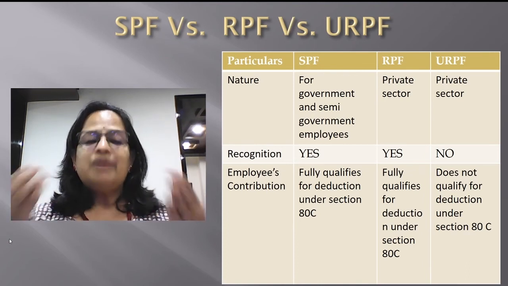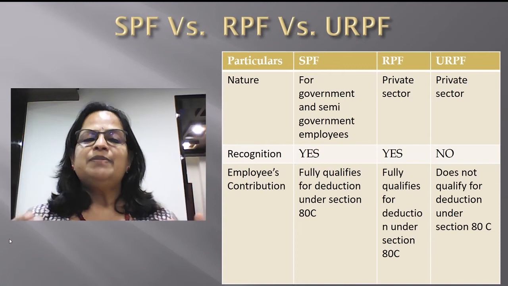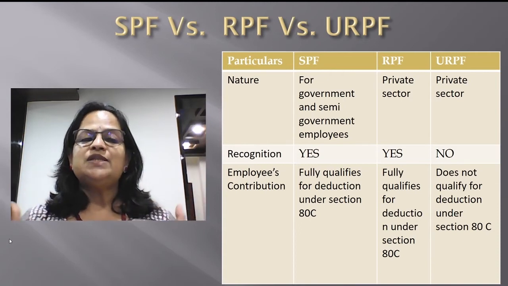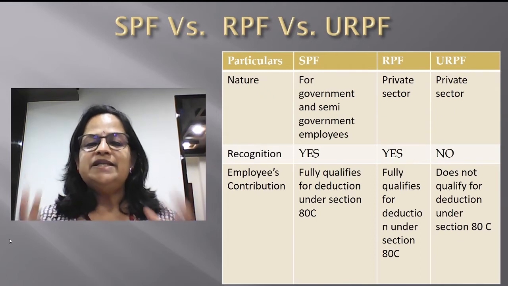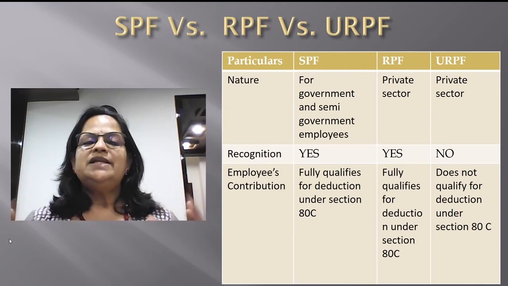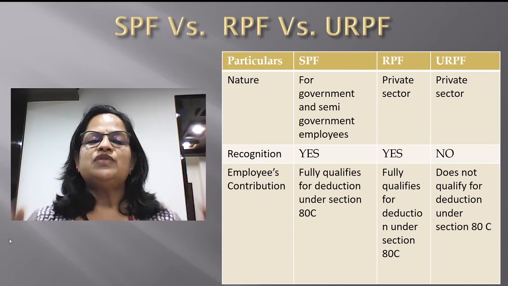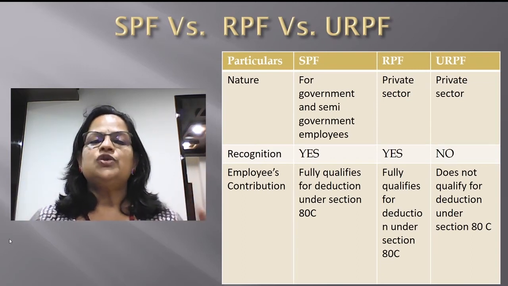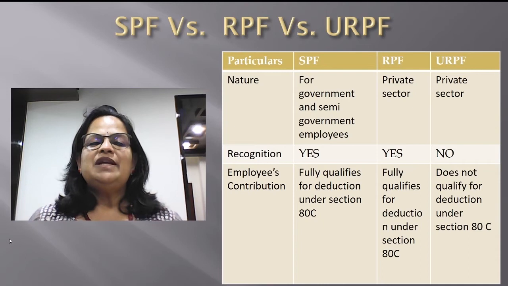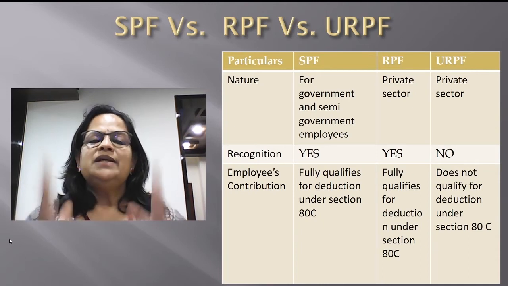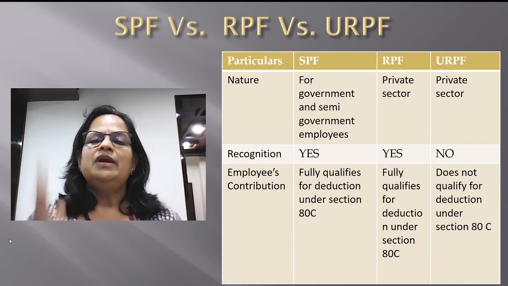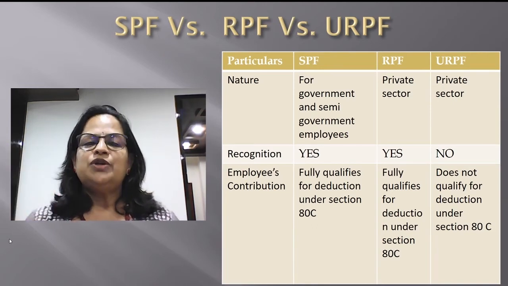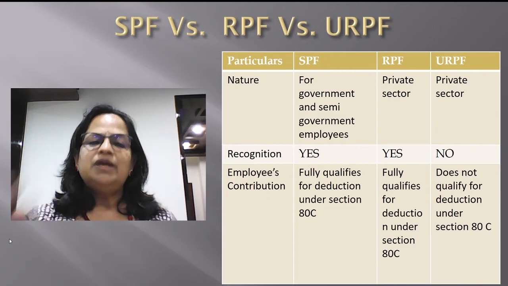Now you have to remember, from gross total income, the income tax department is giving us certain allowances for reducing our tax liability. One important section is 80C. You are going to learn this in detail in the chapter on deductions from gross total income. At that time I will explain clearly. Now you remember that this is an added attraction. The employees can get some tax exemption by reducing the amount they contributed to recognized provident fund from the gross total income.